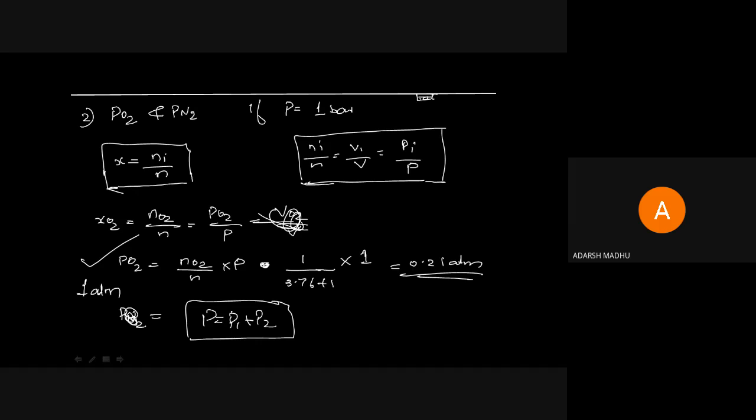The total pressure is 1 atmosphere and PO2 is 0.21 atm. So what is the pressure of PN2? P of N2 equal to 1 minus 0.21, that is 0.79.